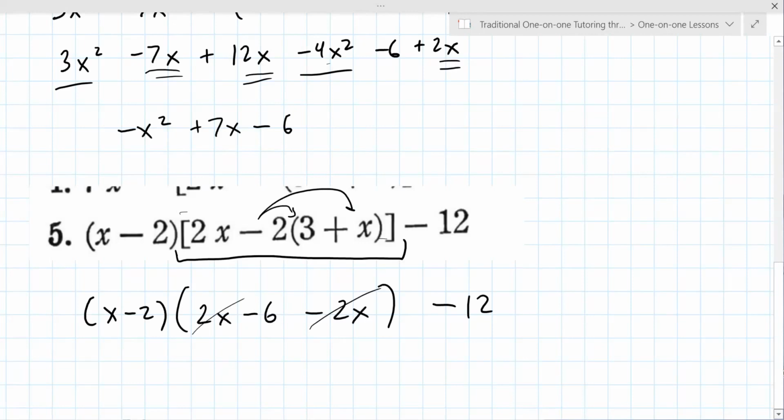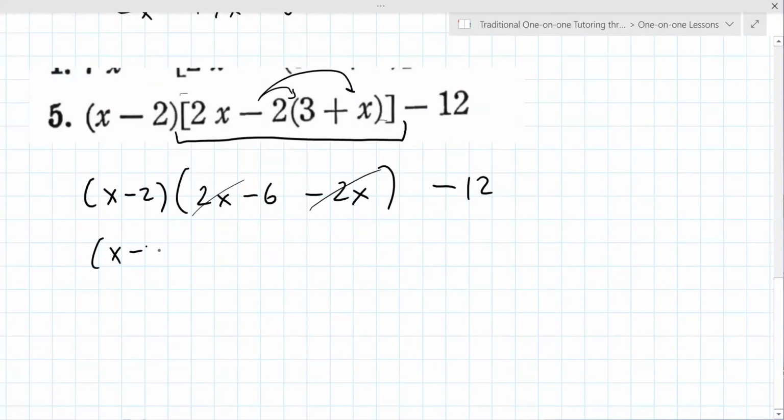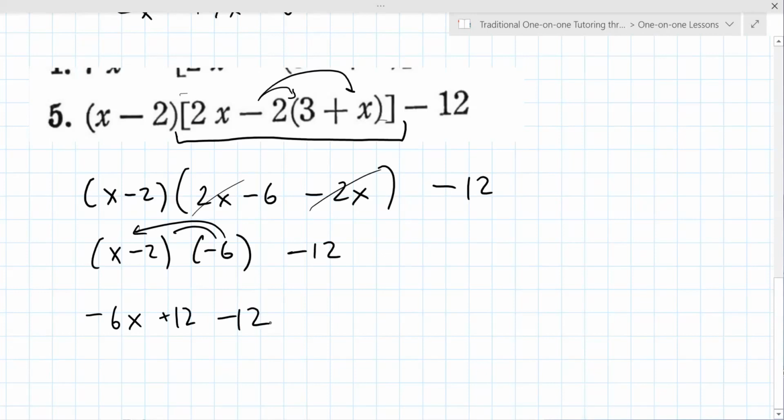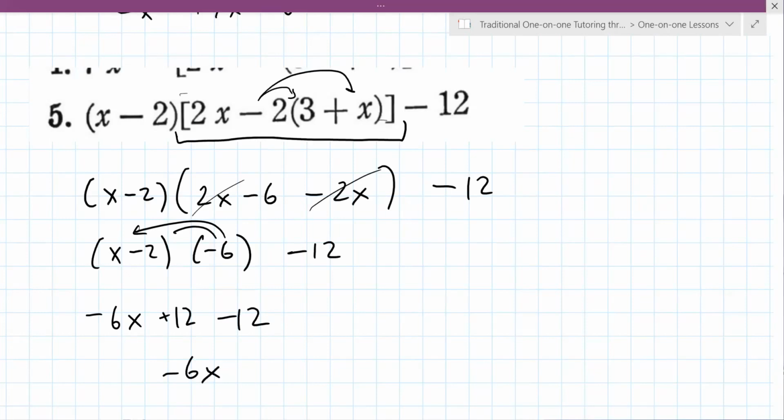Hopefully you see that. Yeah, I see that. So you get (x minus 2) times negative 6, minus 12. And then you distribute left. So you get minus 6x plus 12 minus 12. And then you just got your negative 6x, and that's the end of the problem. And you're done. Excellent. 15 next. Yes, that's correct.